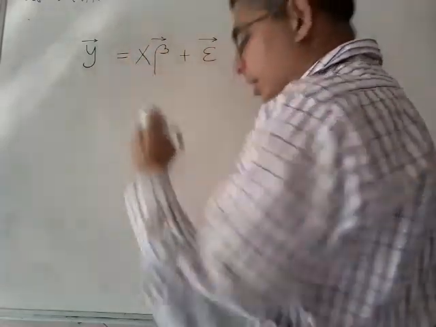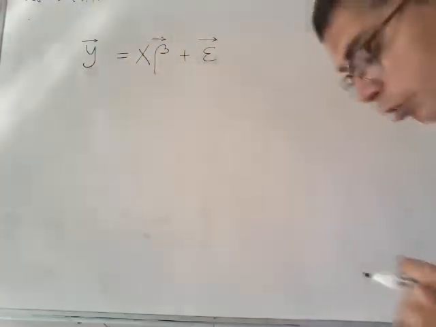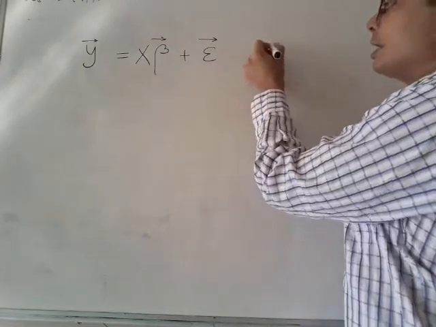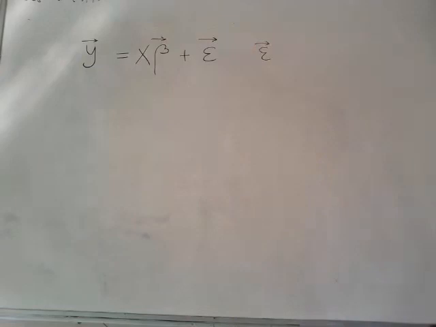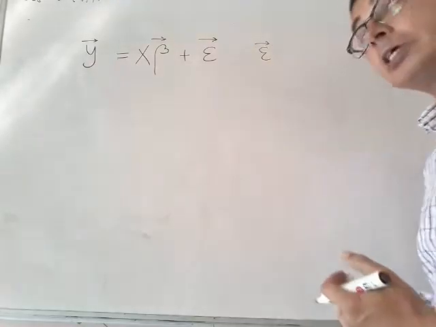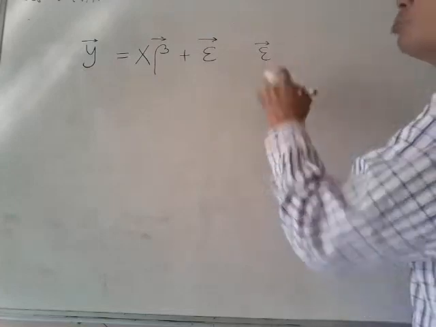So this is a fixed part, the design matrix. Beta is the unknown parameter. And typically we assume that epsilon is Gaussian, mean zero, variance-covariance matrix sigma squared I. But I will not put that assumption.